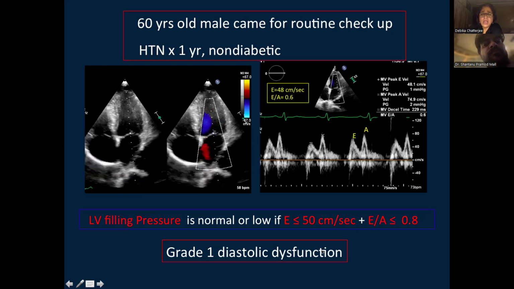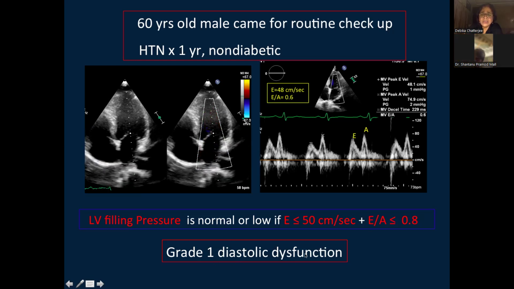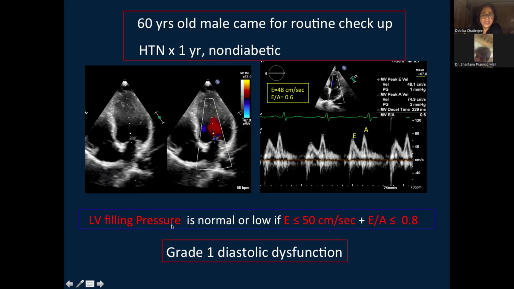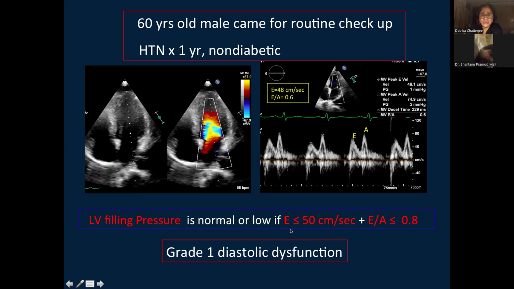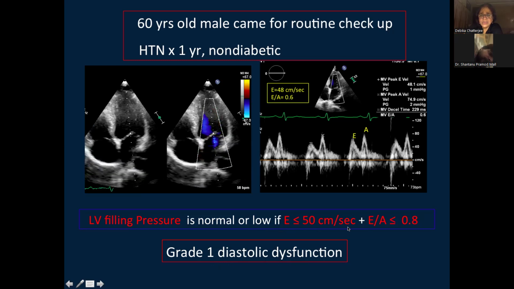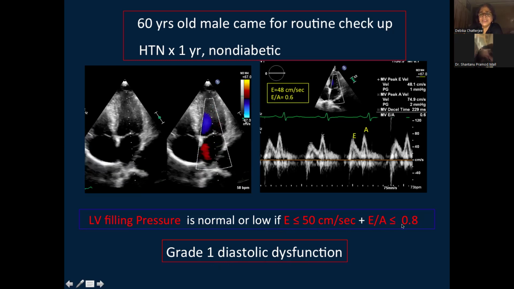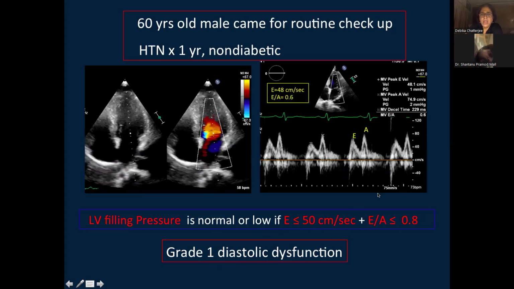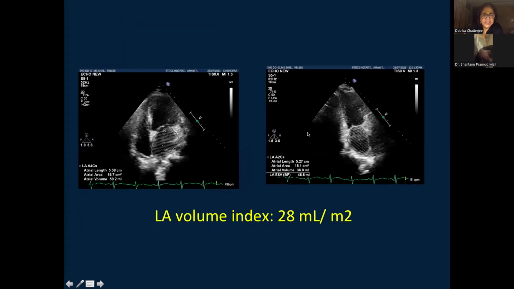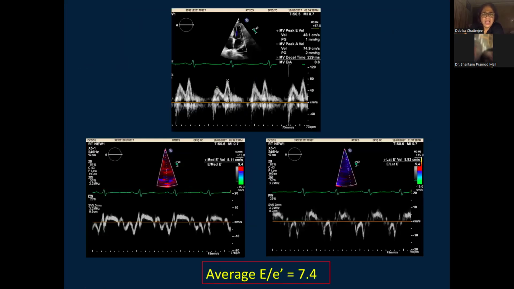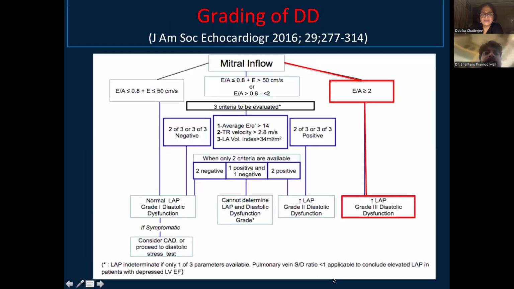So I can straight away say it is a grade 1 diastolic dysfunction with the LV filling pressure normal, because E wave is less than 50 centimeter per second plus EA ratio is less than 0.8. And we check the LA volume, it's 28 ml per square meter, so it is much less than 34 ml per square meter. And also we see the average E by E prime, it turns out to be 7.4. So it is a grade 1 diastolic dysfunction.